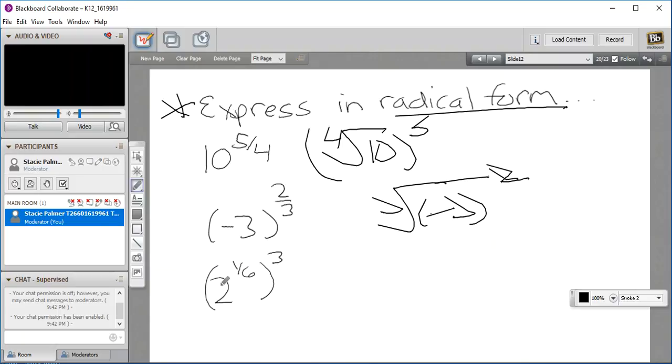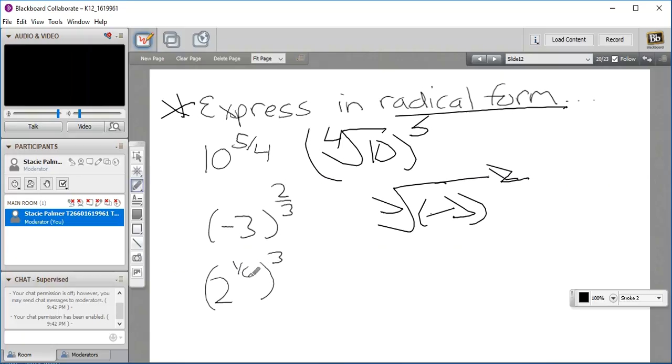Okay, let's look at the next one. 2 to the 1/6 raised to the 3rd. Now we have to be careful here because we have something being raised to a power. We have 2 being raised to a power, and then we have another power. So this is power of a power. So remember from last week, whenever you're raising a power to another power, you have to multiply the 2 exponents.